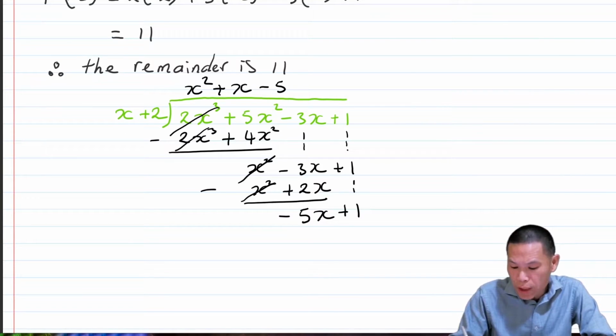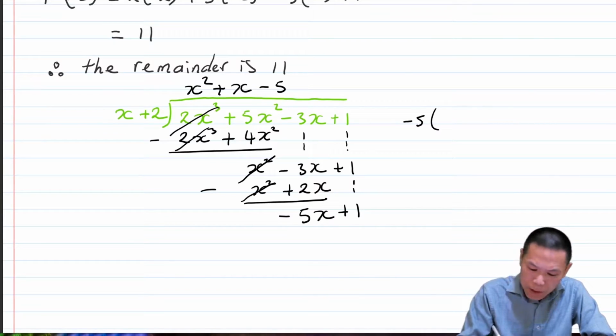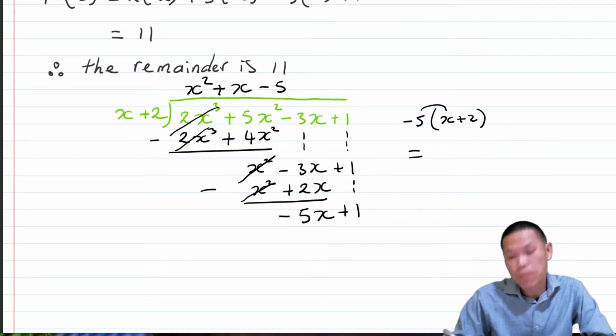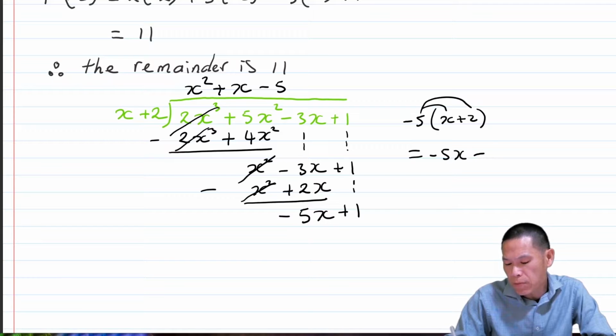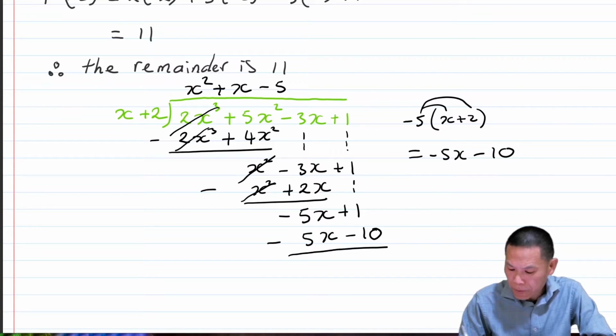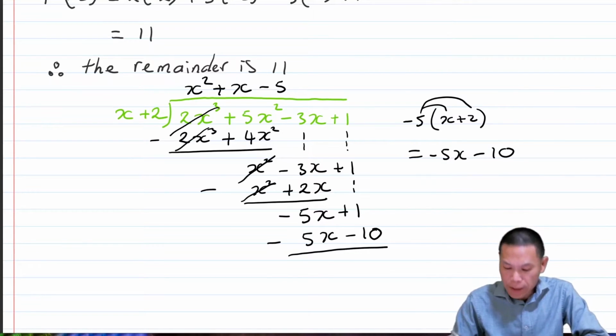Now we use negative 5 times x plus 2. Multiplying this in gives me negative 5x, and negative 5 times 2 gives minus 10. So that becomes negative 5x minus 10. Now we subtract.